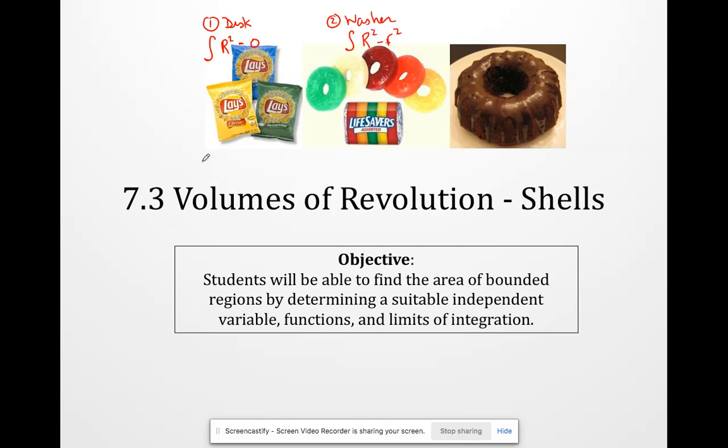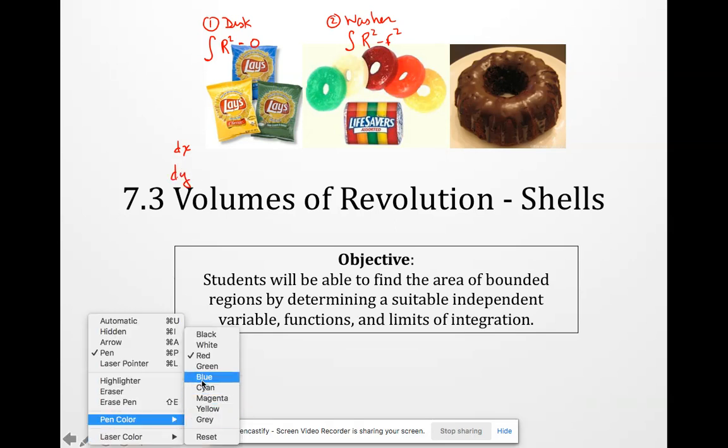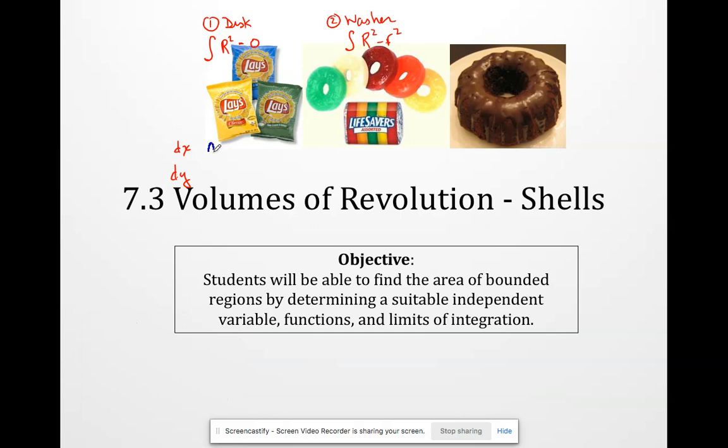It's just that for the disc method, your second radius is 0. Now remember, you could integrate either dx or dy with both of these. Here was your decision. Your decision came from if your axis of rotation was the x-axis or was parallel to the x-axis, your strip or your slice was perpendicular to the x-axis.